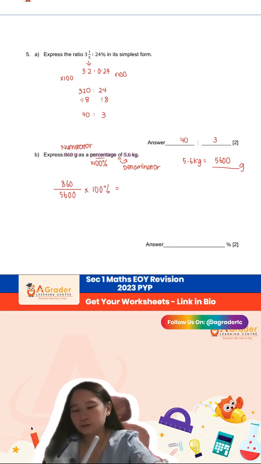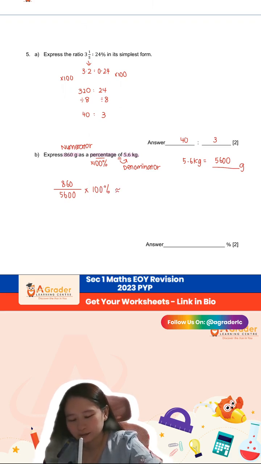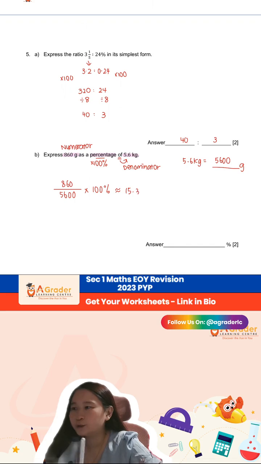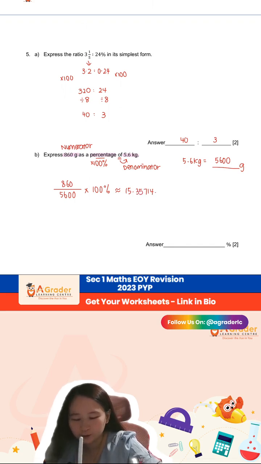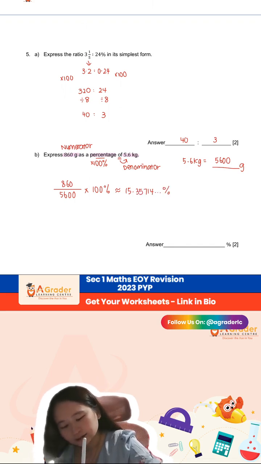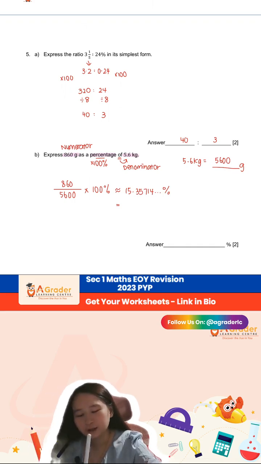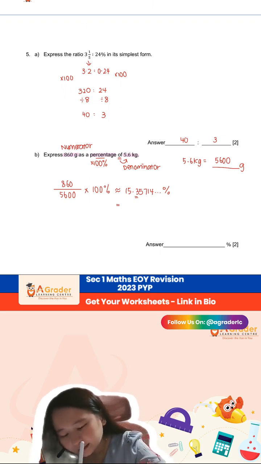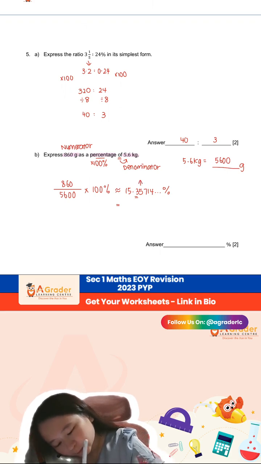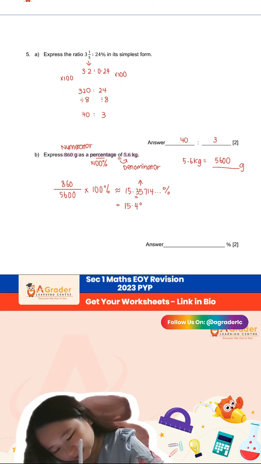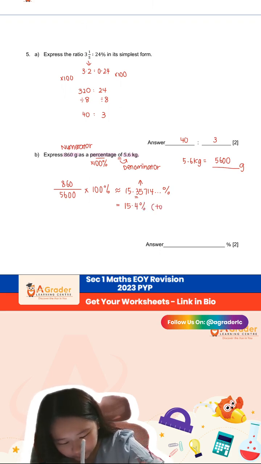When you key this into your calculator, you will get 15.35714%. And then you round off to 3 significant figures. This is my third significant figure. So we look at the digit behind 3, it's 5, so you have to round up. So when you round up, you'll get 15.4%.